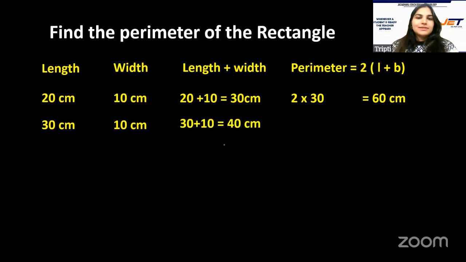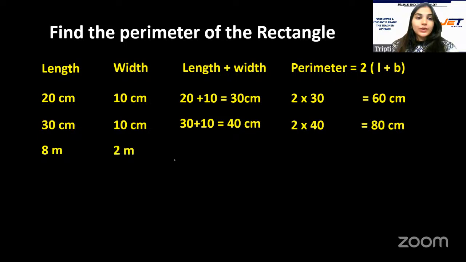So 30 plus 10 is equal to 40 centimeters and 2 times 40 centimeters is equal to 80 centimeters. Yeah, 80 centimeters. Next one, 8 meters and 2 meters.